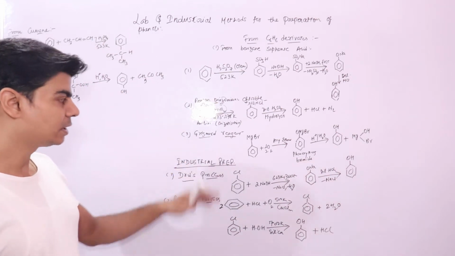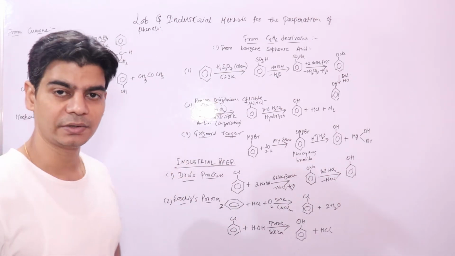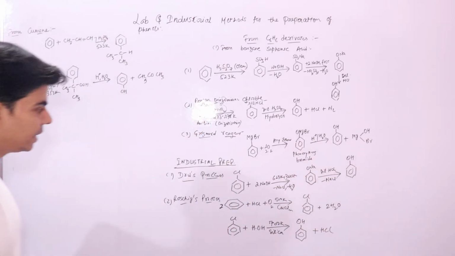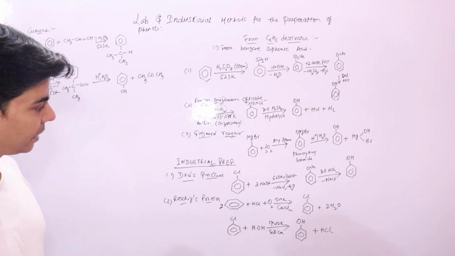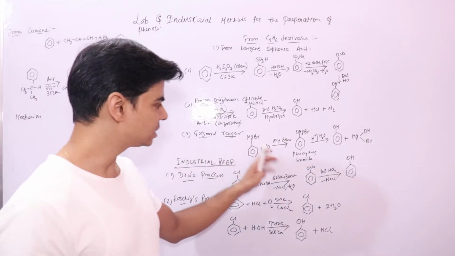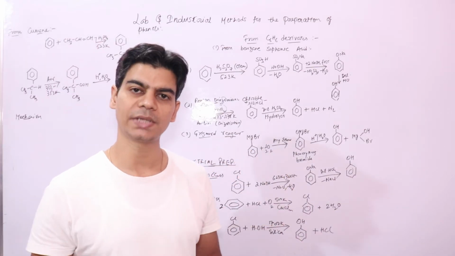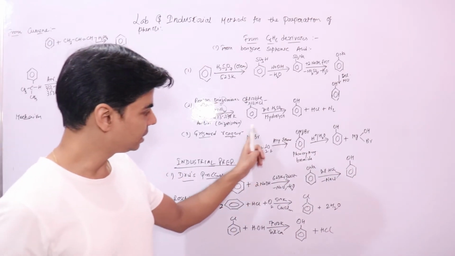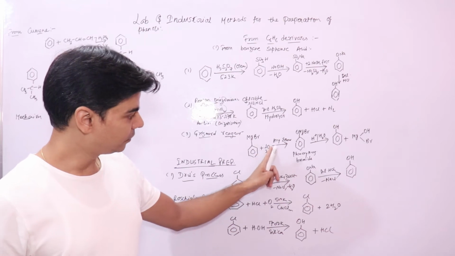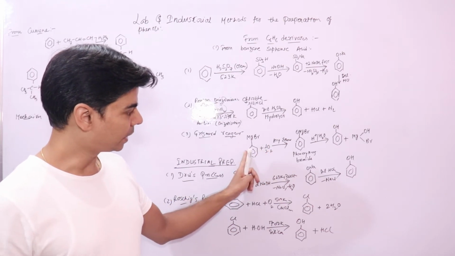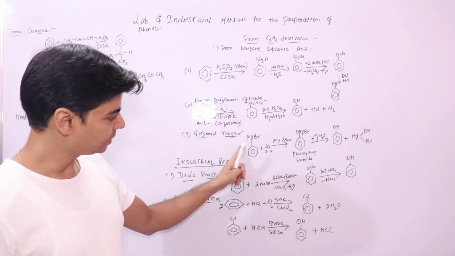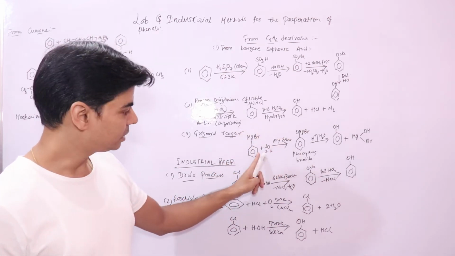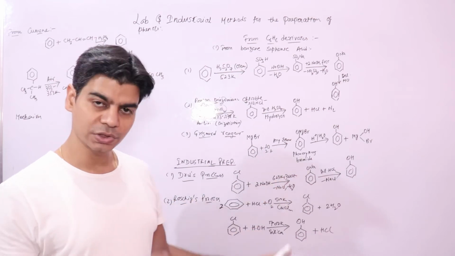Then comes your Grignard reagent, right? We have done Grignard reagents in the previous chapter, in alkyl halides and aryl halides. So we know that various organic compounds can be prepared from Grignard reagents, right? So you have phenyl magnesium bromide in dry ether. You pass oxygen gas through it.